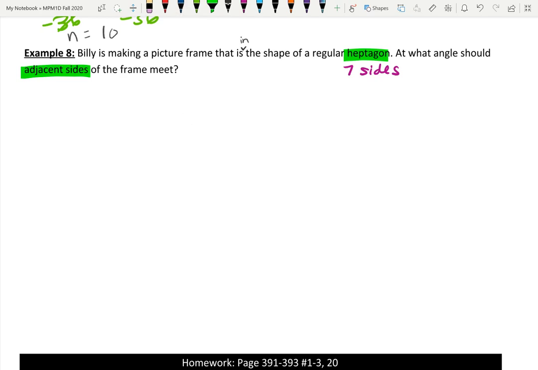So this is just another way of saying an interior angle. So saying what angle should the adjacent sides meet is really just asking what should the interior angle be? Okay, and this is a regular heptagon, so equal angles.